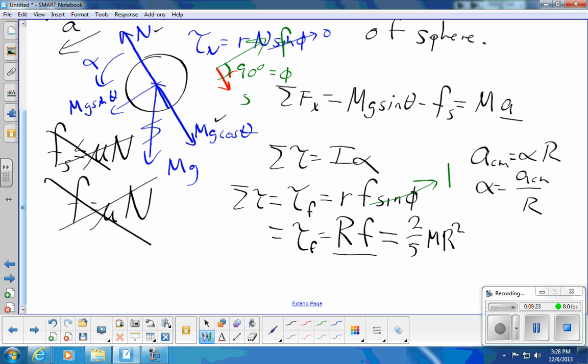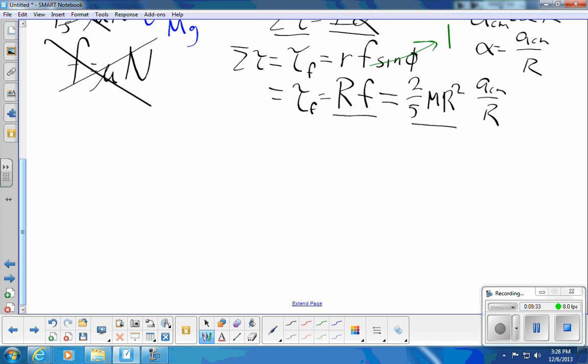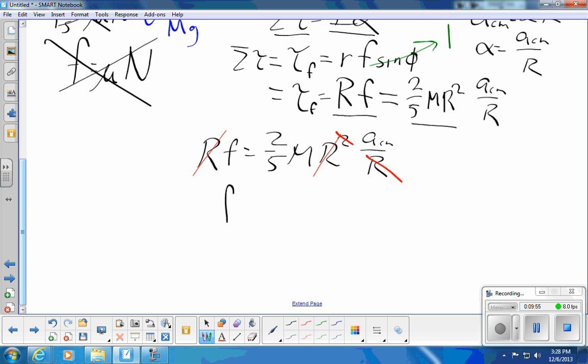So I have RF, which is net torque, equals I times alpha, which is a_CM over R. RF is equal to 2/5 mR squared times a_CM over R. Let's do some cancellation. I've got an R squared over R on the right, and then I have an R on each side. And I'm left with the friction force is equal to 2/5 ma.